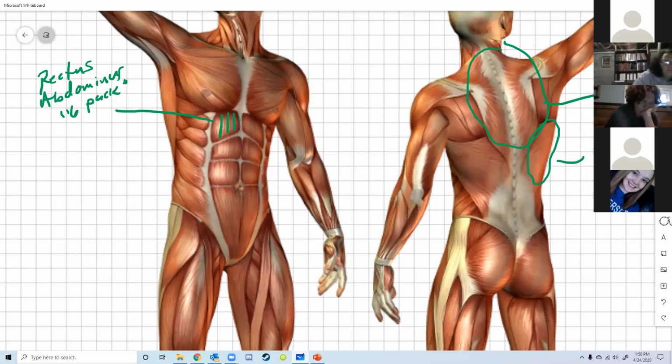You also got your, well, I can't really see those either. I would need a cutaway view to see the ones underneath, like external and internal oblique. These are serrated. That's not the name for those. Let me look in my book real quick. I'll make sure I'm giving you the right information. Yeah, I'm sorry. So these right here are external obliques.